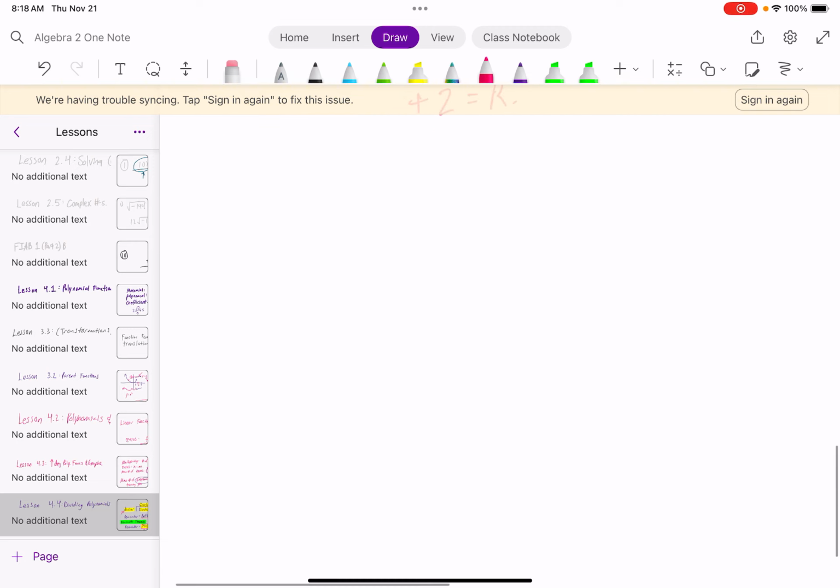Number 8. Number 8 is very similar. Okay, now we're talking. Synthetic division.